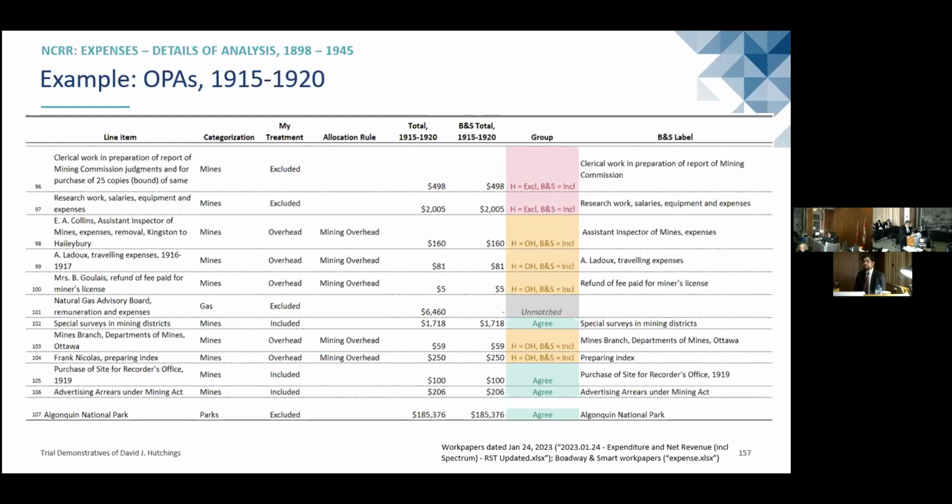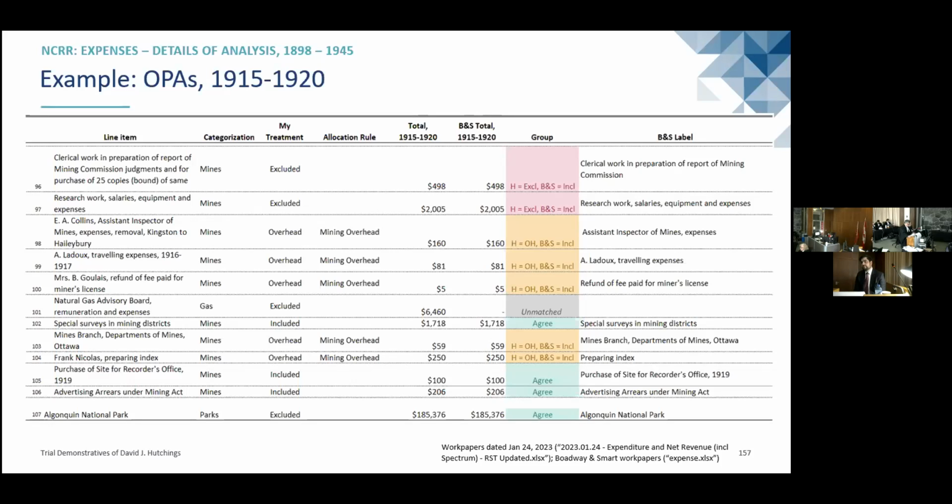Natural Gas Advisory Board, I wasn't able to match that with Professors Bodway and Smart's data, but I exclude it because it relates to natural gas. They discuss how natural gas is not in the treaty territory. We agree that there's no gas revenue, for example. 102 special surveys, we agree on that.